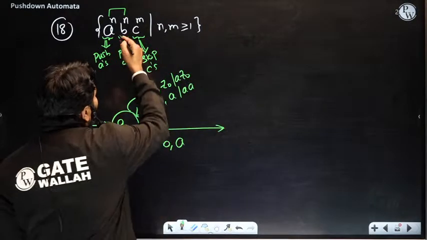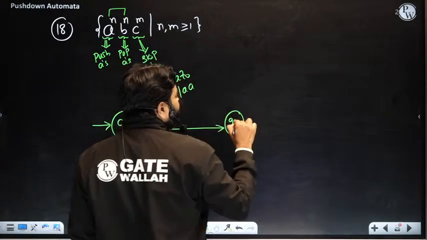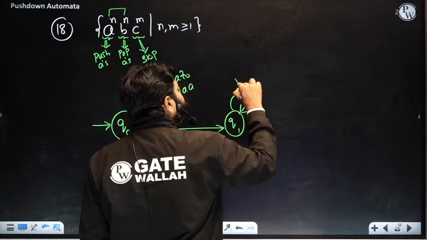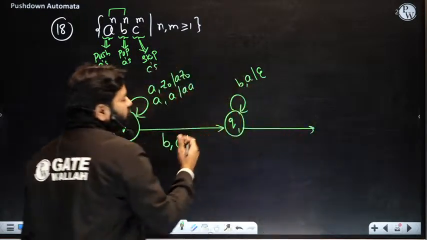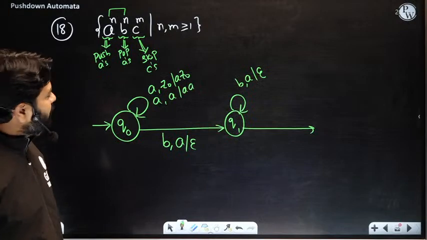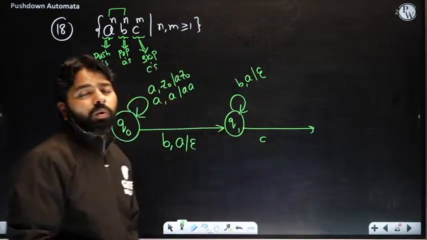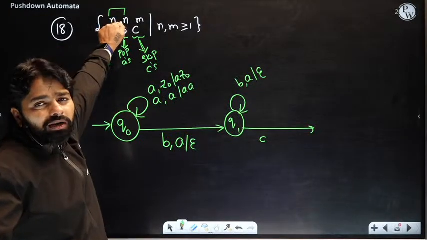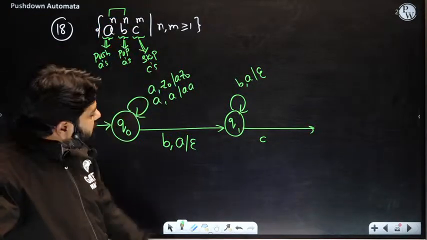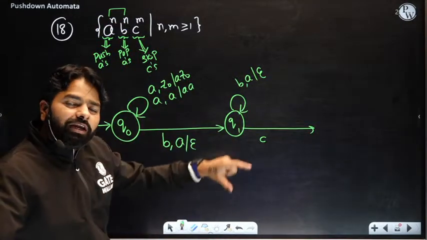So what you do? Every B, pop 1 A, right? Every B, pop 1 A. How long? Till you see the B's, A should be there on the stack. Once C comes, how do you know that there is no A left, or how do you know these two are equal? That C will decide. How? C comma Z naught means A's and B's are equal.